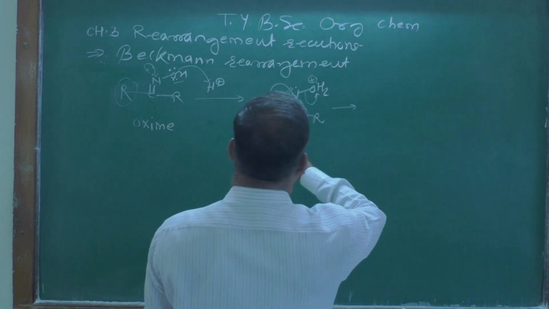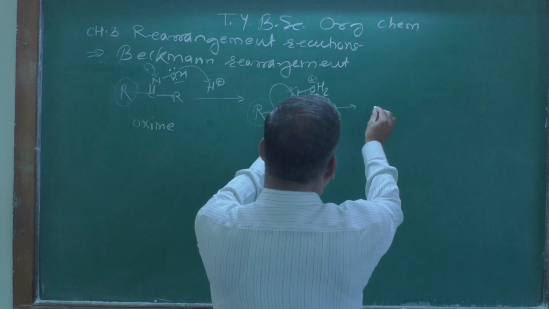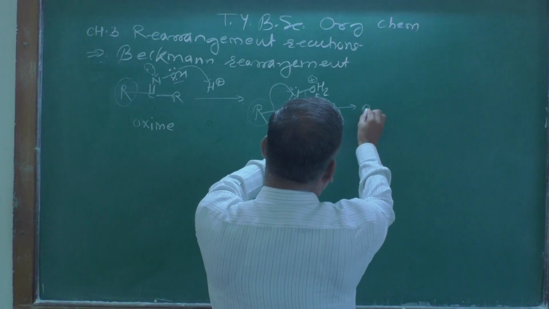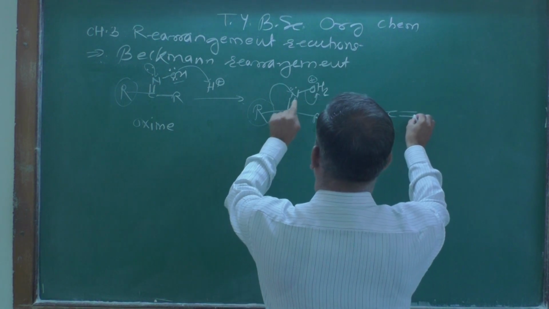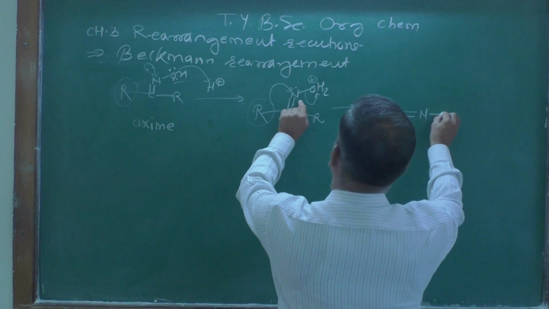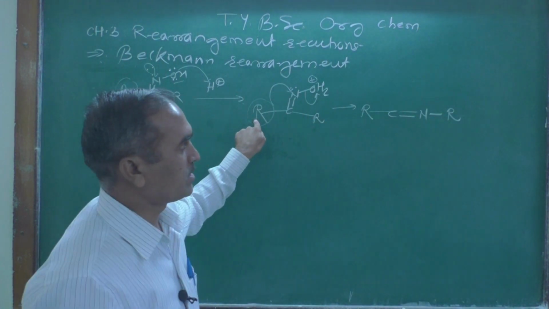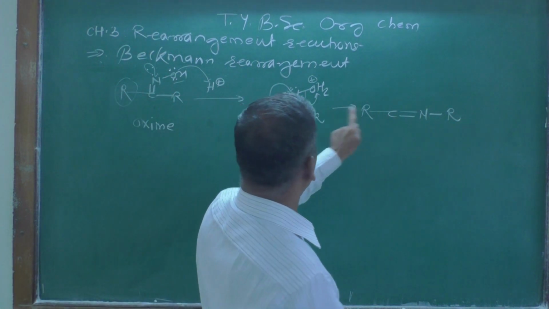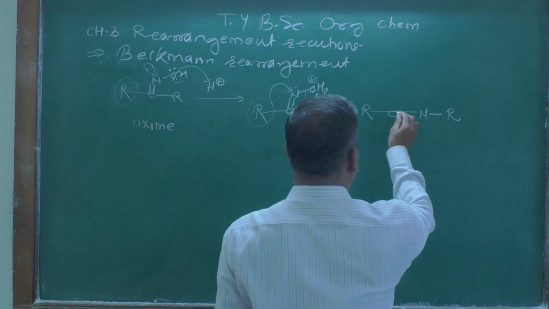And what do you get here? Now when it goes there, look, I am writing here this R, then C double bond, then nitrogen, and these are connected to the nitrogen atom. And when this bond is broken, what kind of charge is present on this carbon atom?